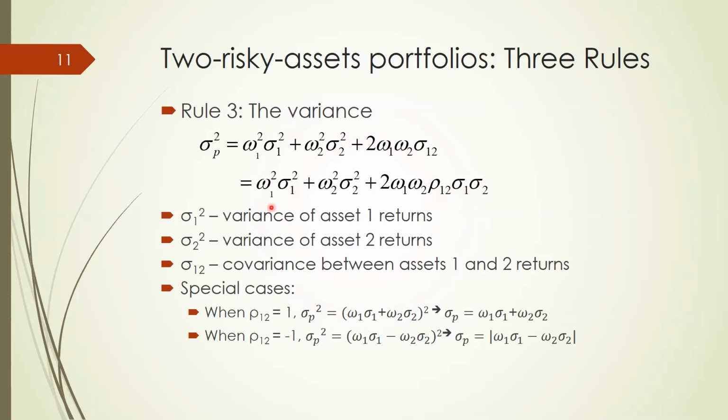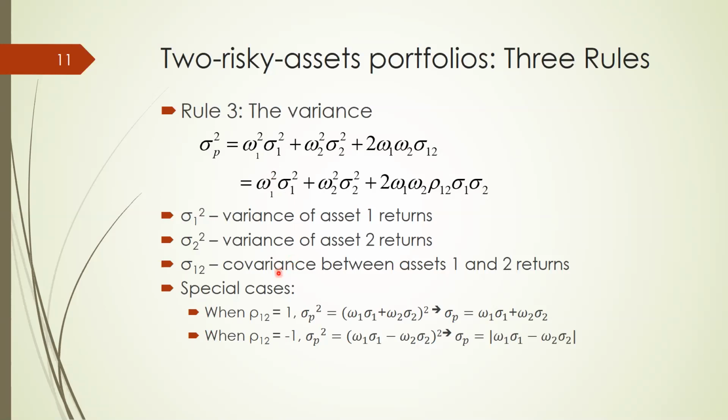So this equation says that the variance of the two risky asset portfolios is determined not only by the variance of each of the two assets, but also the covariance between the two assets. It is essentially the weighted sum of the covariance-variance matrix.